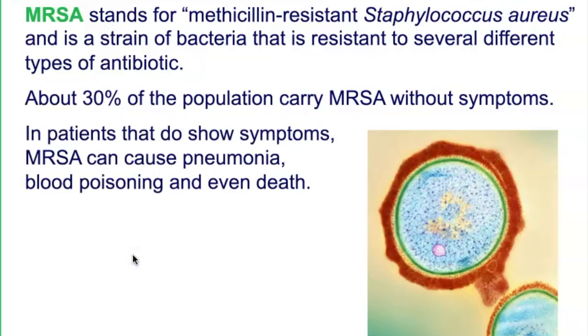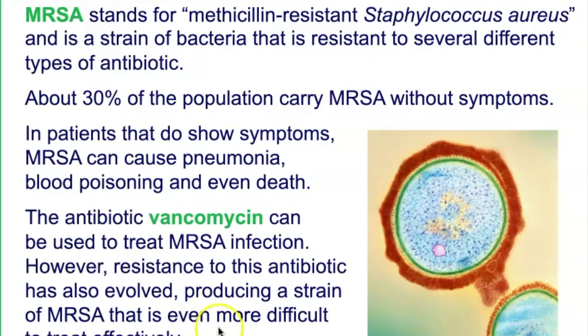In patients that do show symptoms, MRSA can cause pneumonia, blood poisoning, and even death. The antibiotic vancomycin can be used to treat MRSA infection. However, resistance to this antibiotic has also evolved, producing a strand of MRSA that is even more difficult to treat effectively.